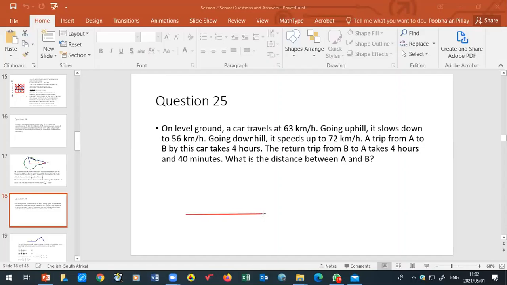When it comes up to a hill, it slows down to 56 k's. But when it goes down the hill, it speeds up to 72, downhill, 72, right? And it goes on to a point B.